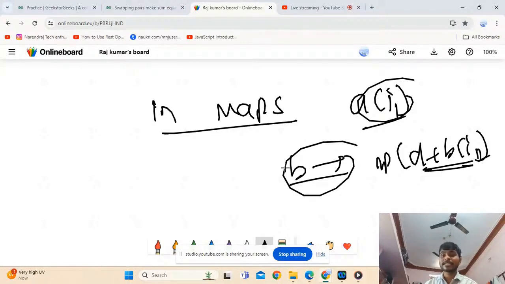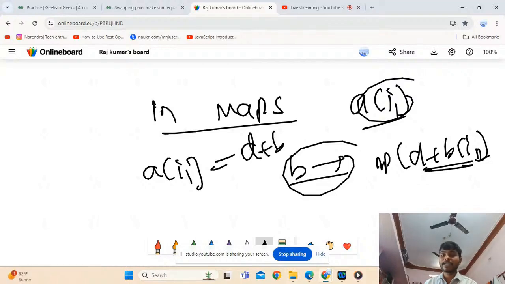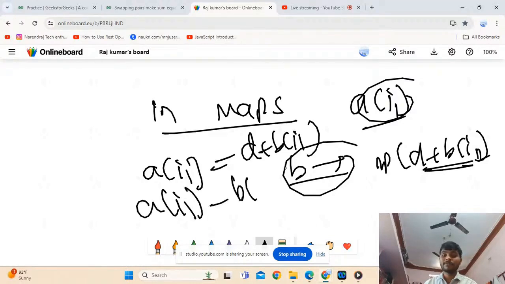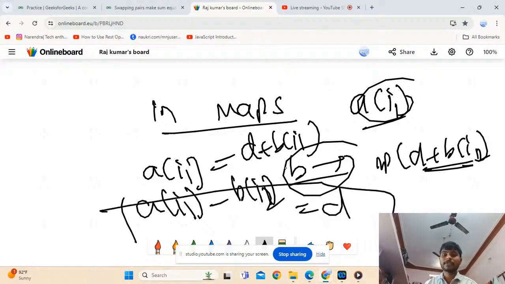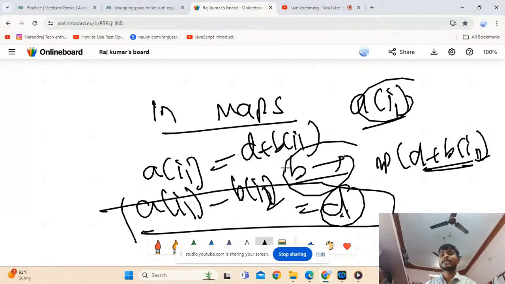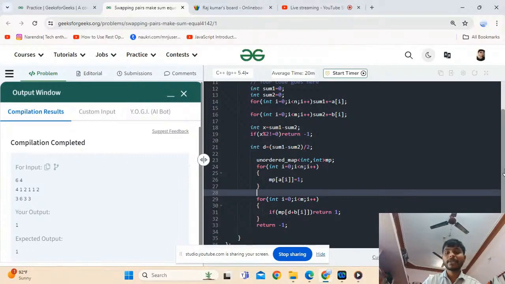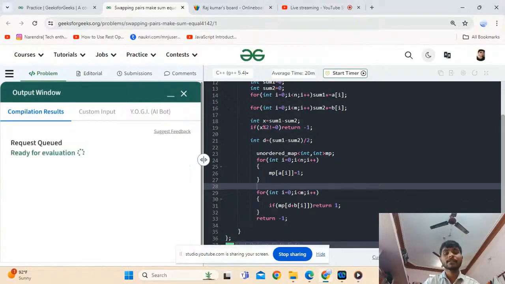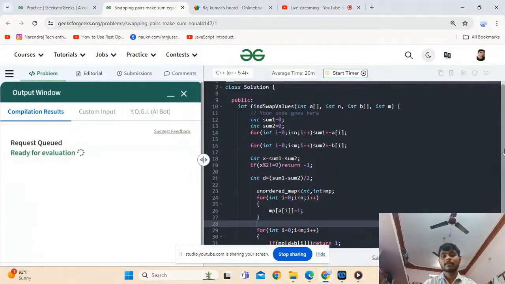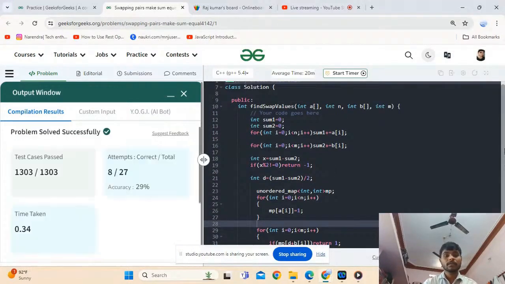If it exists, means a of i1 is equal to d plus b of i1, right? So a of i1 minus b of i1 equals d, so there exists an element, and we can swap that element. So here I am doing the final submission. I got it submitted successfully.